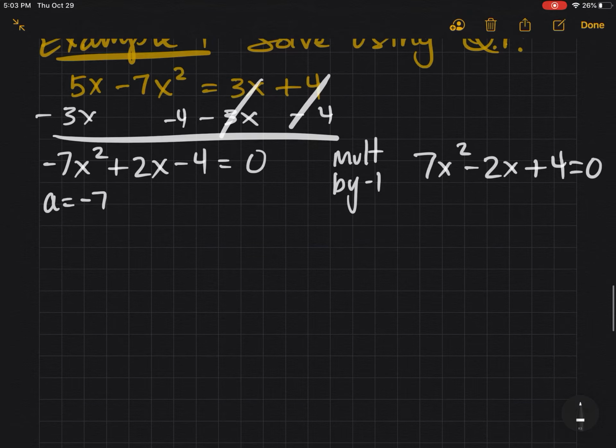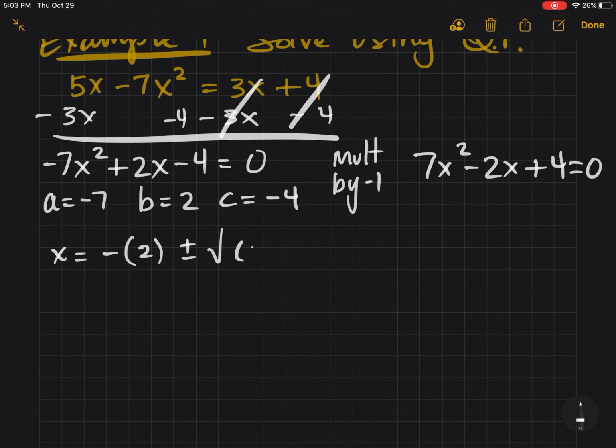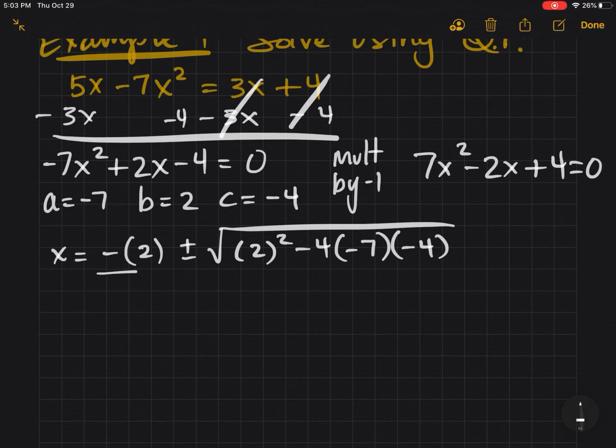So A is -7, B is 2, and C is -4. So X equals -b plus or minus the square root of 2 squared minus 4 times -7 times -4, all over 2 times -7. Okay.